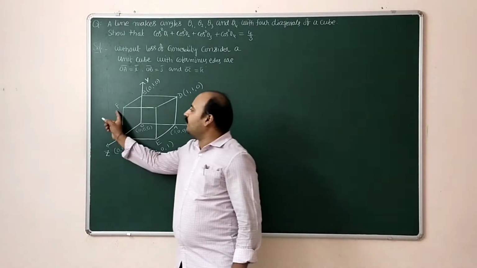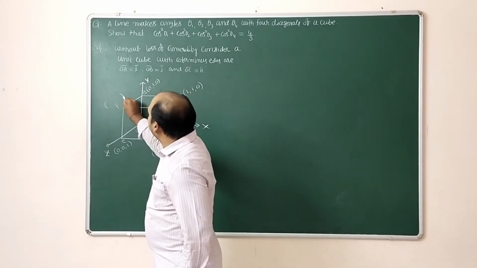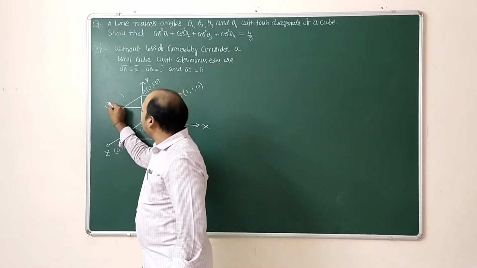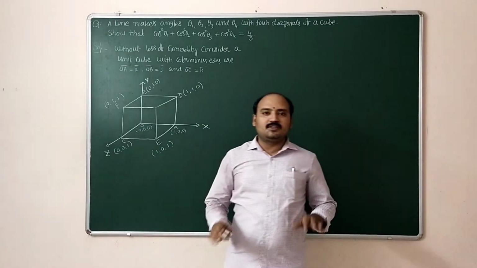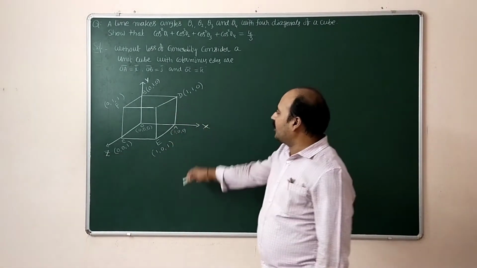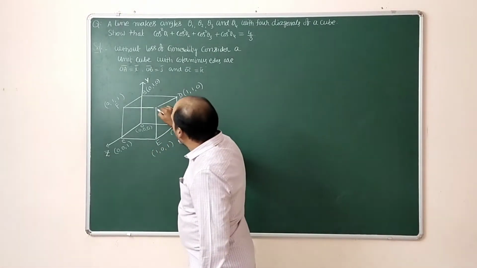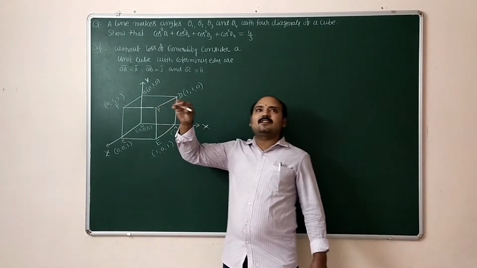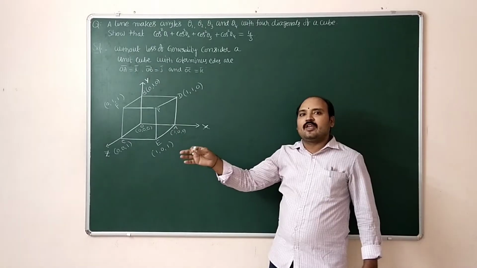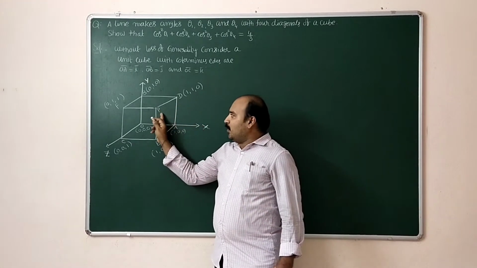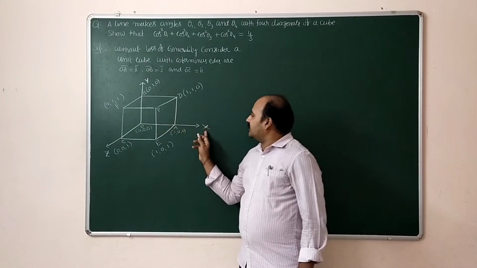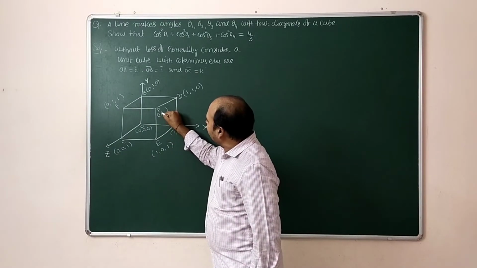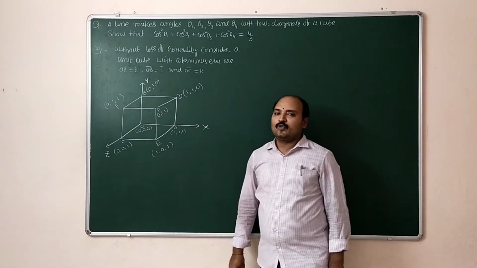The coordinates of F belong to the yz plane, x will be absent, so 0, 1, 1. This is the way you have to plot the points. And one more point is there, the point P, which takes x-axis, y-axis and z-axis, so all the coordinates will be there: 1, 1, 1.